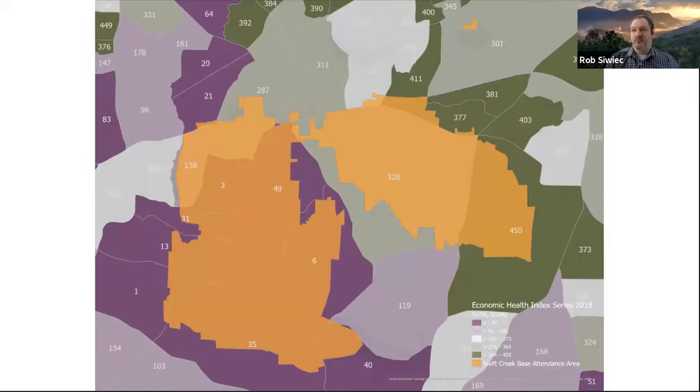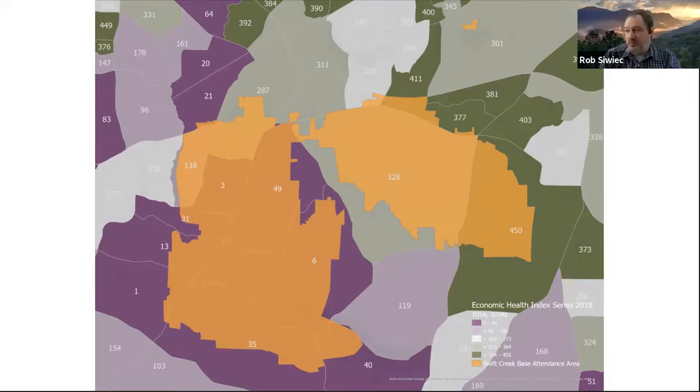Here's an example of one of our base attendance areas. This is the Swift Creek Elementary base attendance area, overlaid on top of the economic health block groups. And those numbers you see are the scores calculated through Bill's methodology.